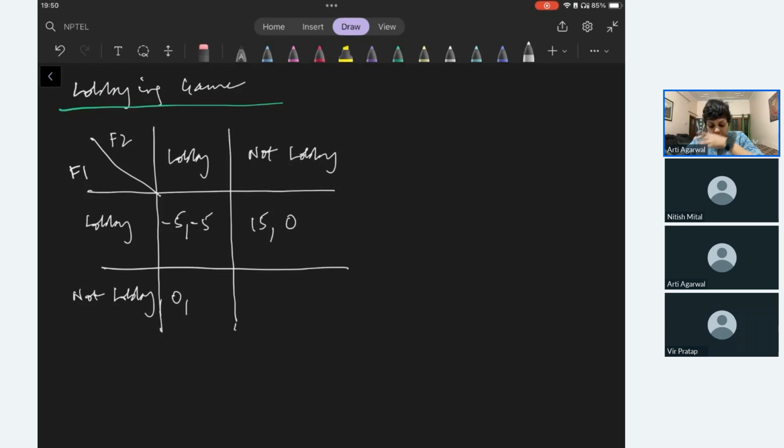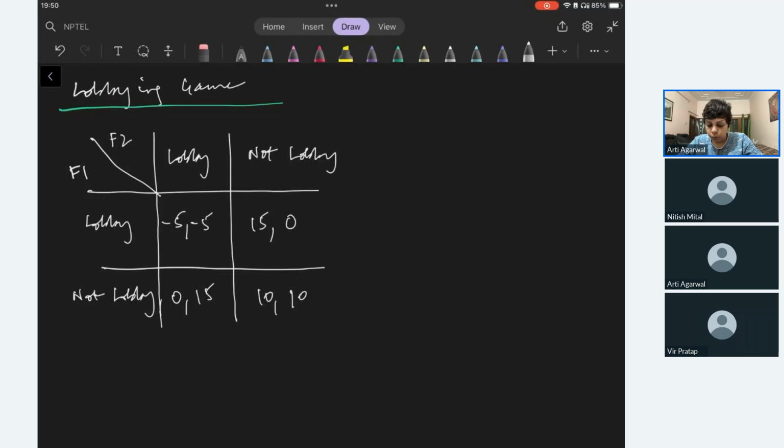If both choose to not lobby, they get 10. So this is kind of simple, but you have to understand how to put these values correctly, because sometimes people make mistakes just creating the game table itself.